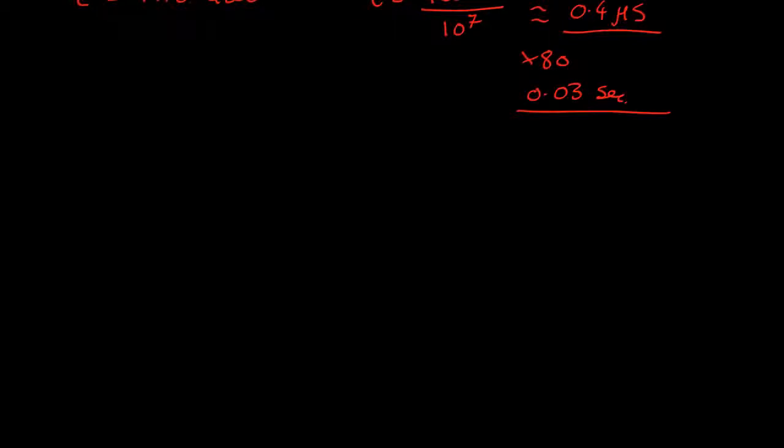It then has to boil them. To boil something, you need to use the latent heat. Latent heat of vaporization of water is 2,260 kilojoules per kilogram. That's how much energy you need to put into water at 100 degrees centigrade turned into steam at 100 degrees centigrade. So you can work out how long it takes to produce that.